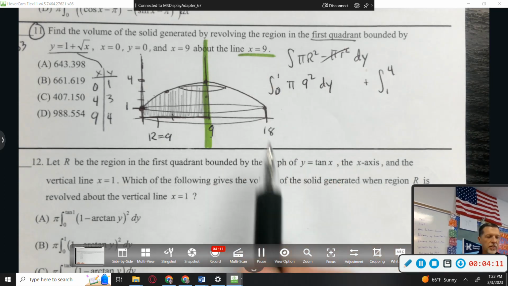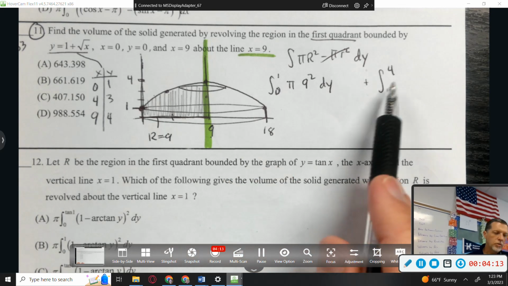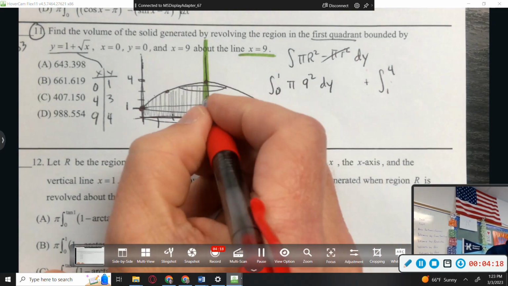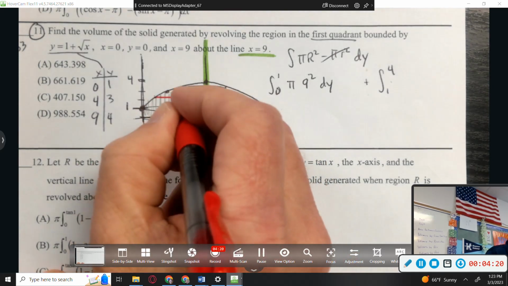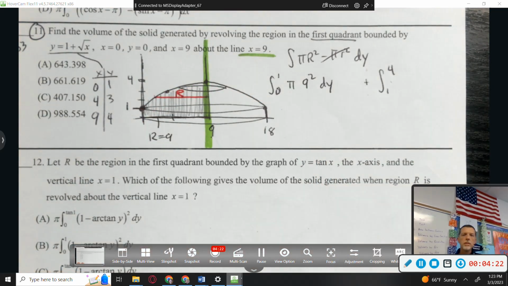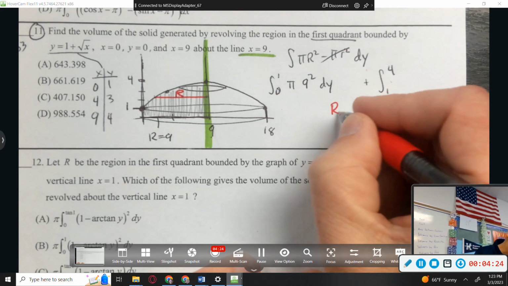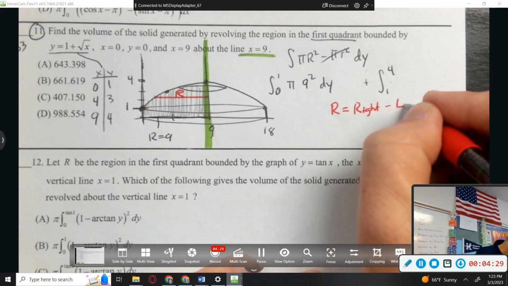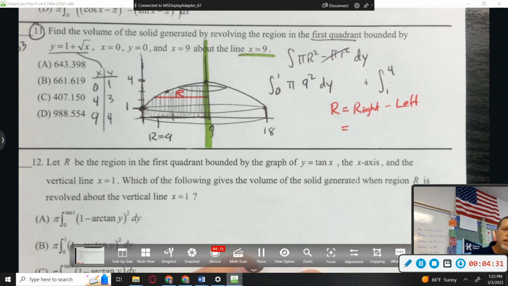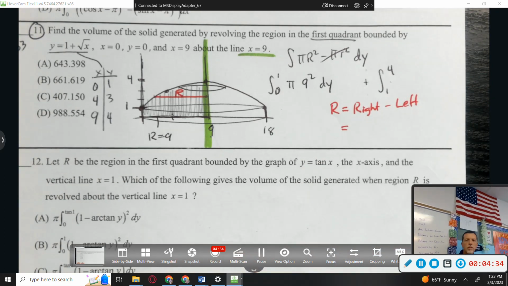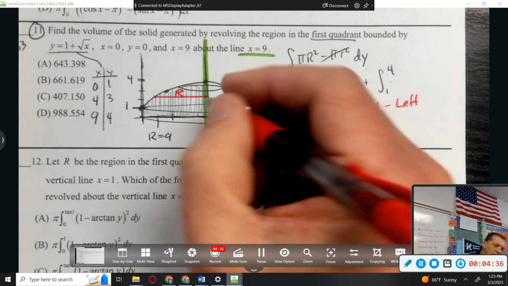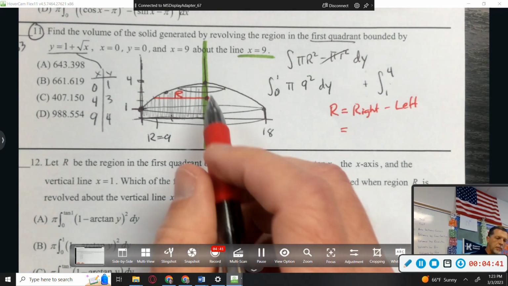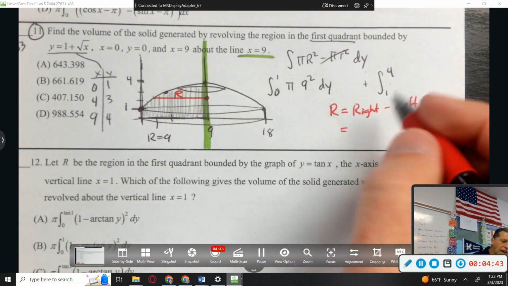That bottom cylinder. When we start with 1 and go to 4, that r is a different deal here. Okay, so that big R, it's left and right, so I want to do the right minus the left. So what's the rightmost spot? 9.